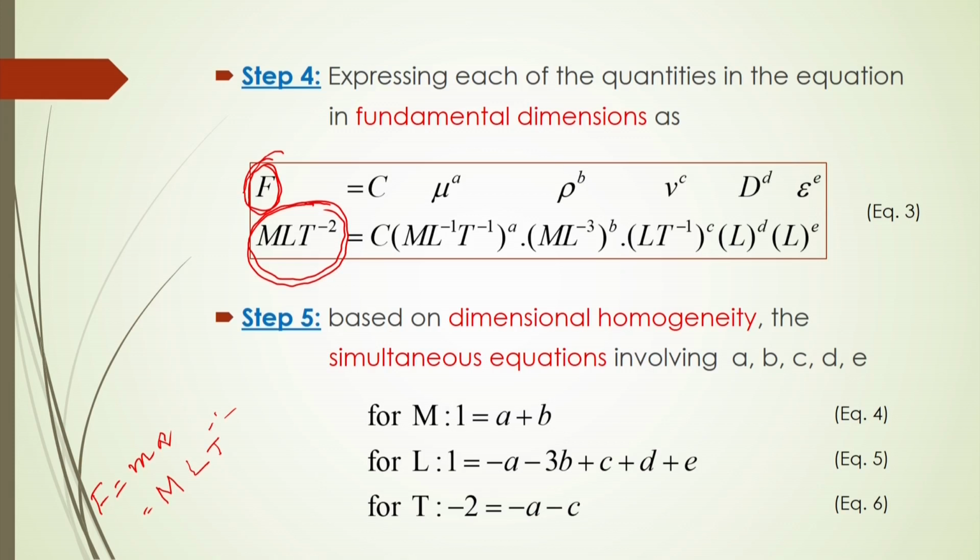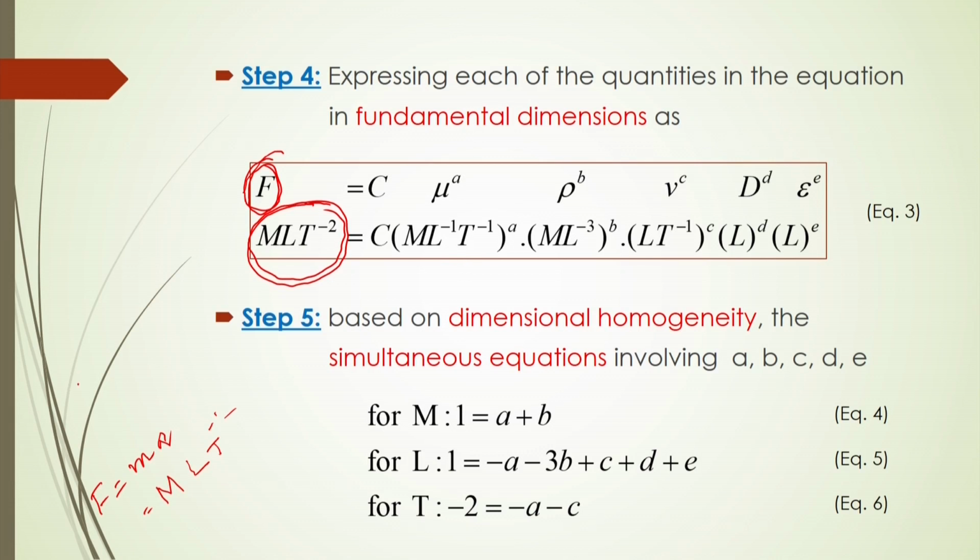Here C is dimensionless, so we do not have any fundamental dimensions in this case for C. Similarly, mu is the viscosity of the liquid. How will it be expressed? It is M L to the power minus 1 T to the power minus 1. This is the dimensions of the viscosity. How does it come?